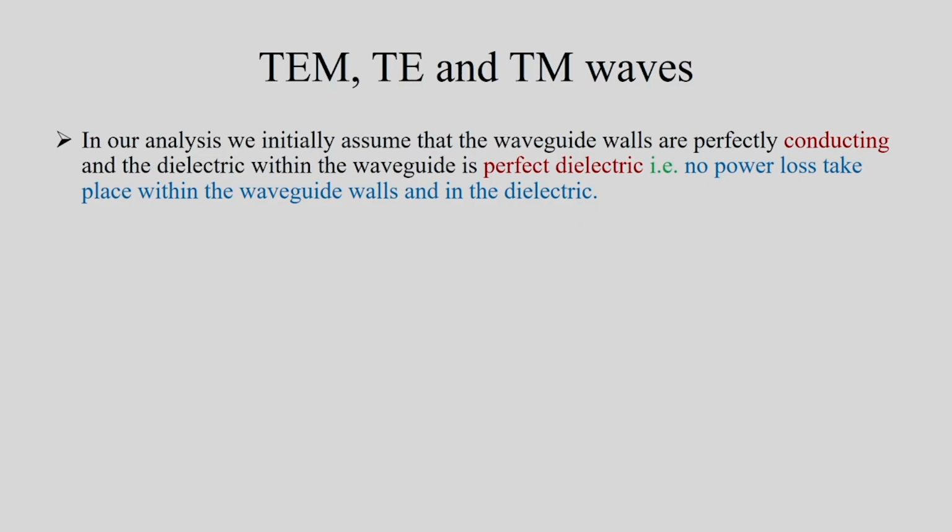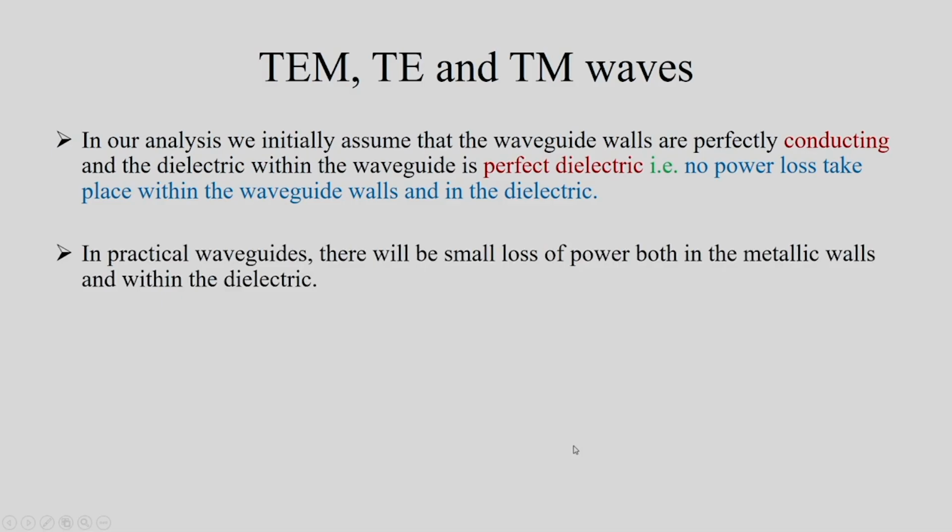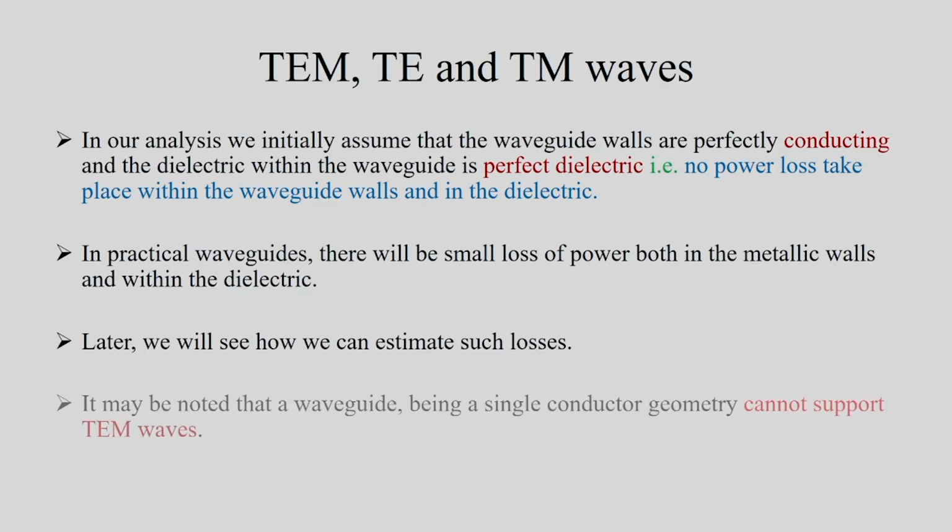That means we are not considering initially any power loss that takes place either at the walls of the waveguide or within the dielectric. When we consider practical waveguides, there will be small loss of power both in the metallic walls and within the dielectric, and later we will see how we can estimate such losses.